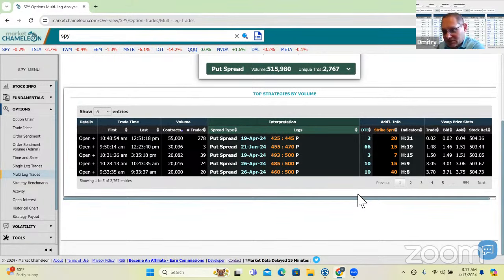When you're buying something, the lower the price you're buying it at, the less risk you have, and the more potential reward. And when you're selling something, the higher the price you get, you're taking in more, so that's less risk and higher potential reward.